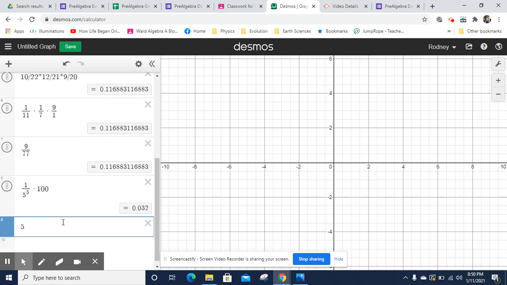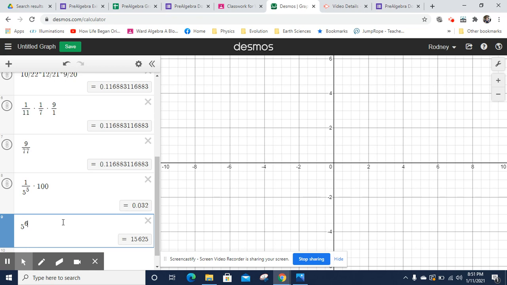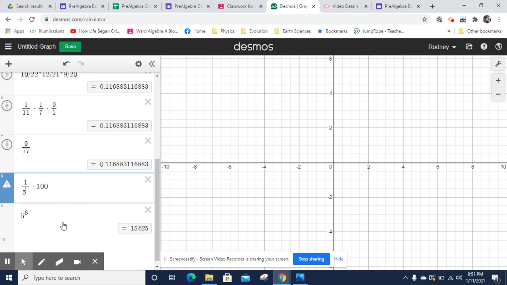So 5 to the 6th power, yes, 15,625. So I'm going to go ahead and convert this one into a 6, since it's going to be 1 over that. Okay, so 1 over that gets you this decimal, and we'll multiply that times 100 to get it into a percent form.